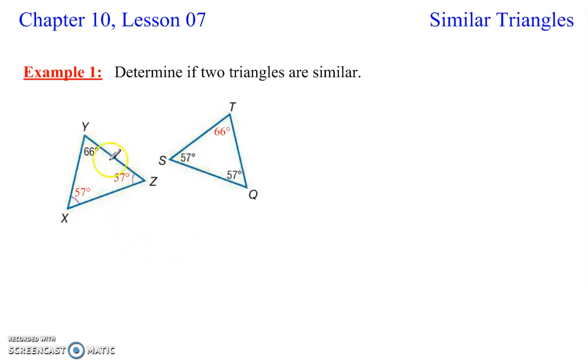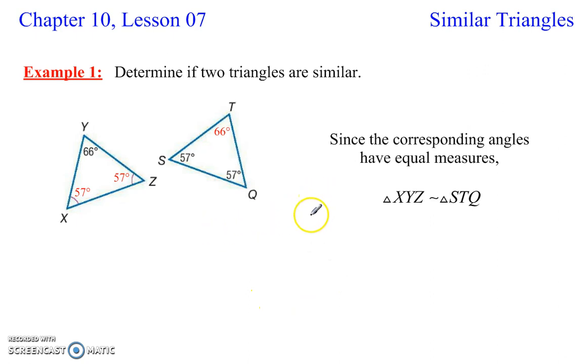Okay, now I can look at these and compare them. I have 66 and 66, and the other measures are 57. So, since the corresponding angles have equal measures, then triangle XYZ is similar to STQ. Now notice here, this first triangle is listed in alphabetical order. The second one is not.